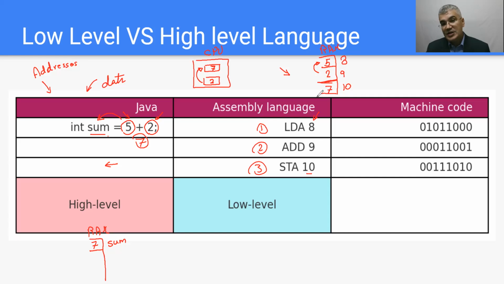So the point here is that we go into too much detail. When you're writing in assembly language, you go into too much detail. You also have to worry about the addresses of the RAM, so you have to really remember what data you put and where you put it.